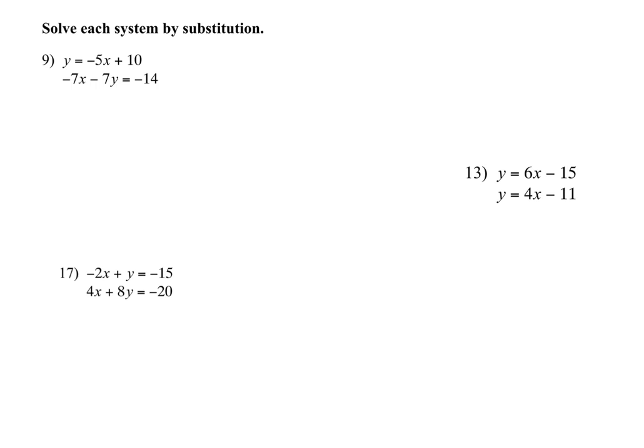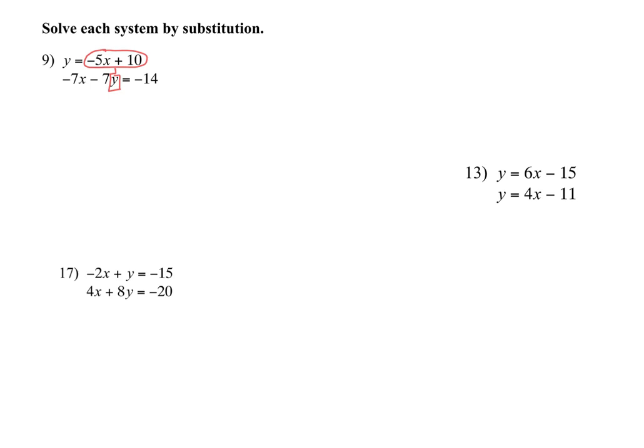So for the first one, number 9 here, I already have this y all by itself. It is equal to negative 5x plus 10. I am going to take that and plug it in for the y in the other equation.